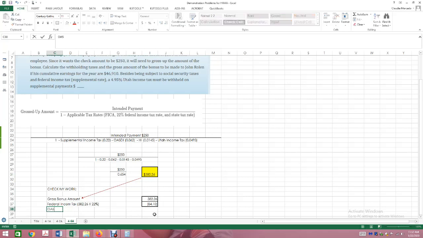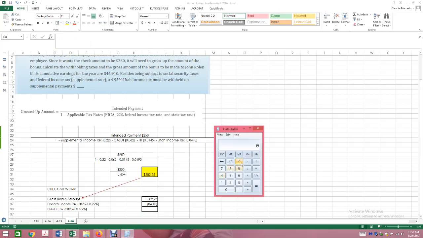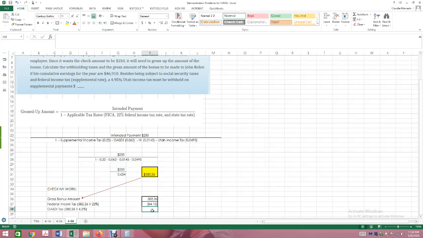Now I'm going to do my OASDI, and that is going to be 382.26 times 6.2%. What does that give us? 23.70. So that is the amount of my deduction.